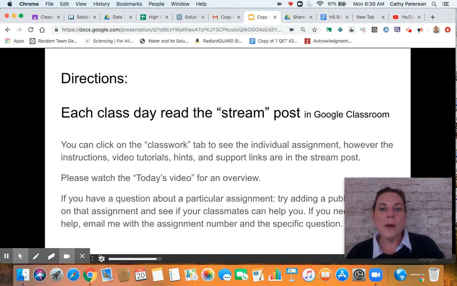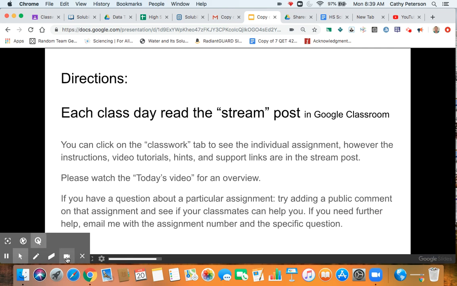If you have questions on a particular assignment, I really would like you to try to add a public comment on that particular assignment. That way you could ask your peers, like, where is this button that I'm supposed to click on the practice? I'm not really sure what I have to do. I'm having trouble uploading a document or a photo from my phone.